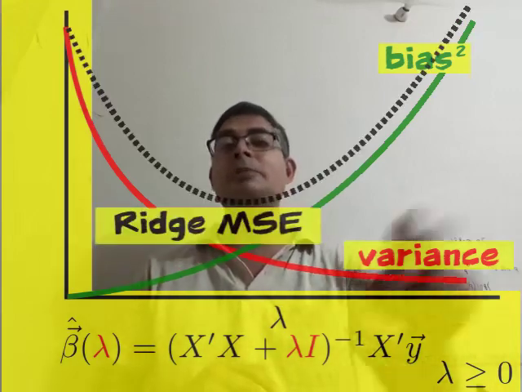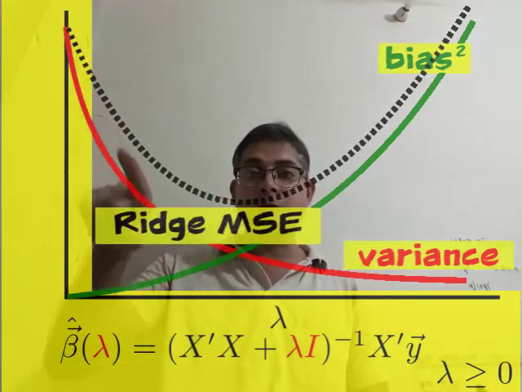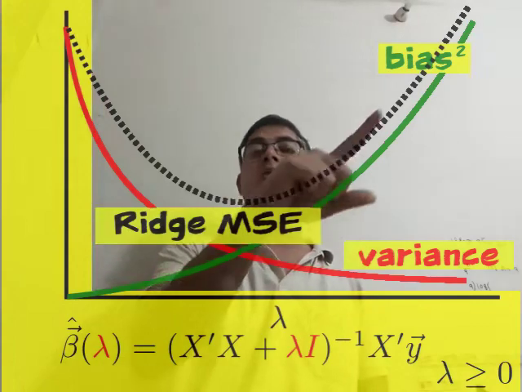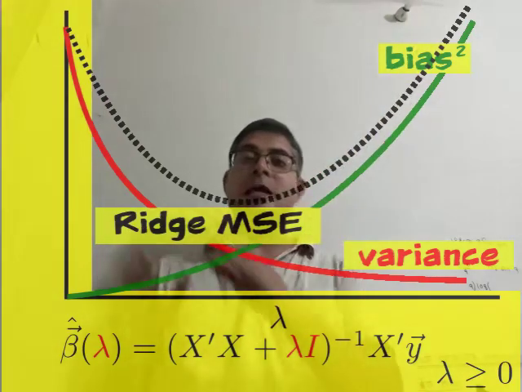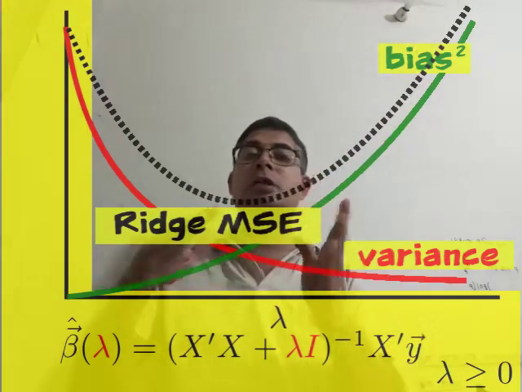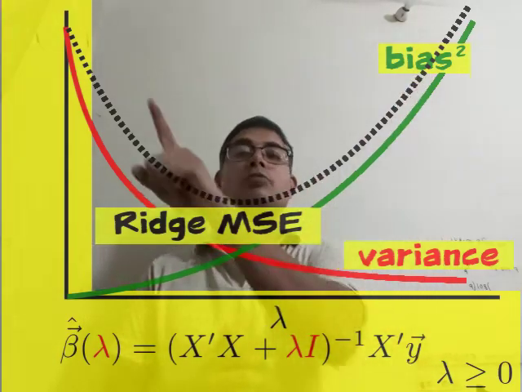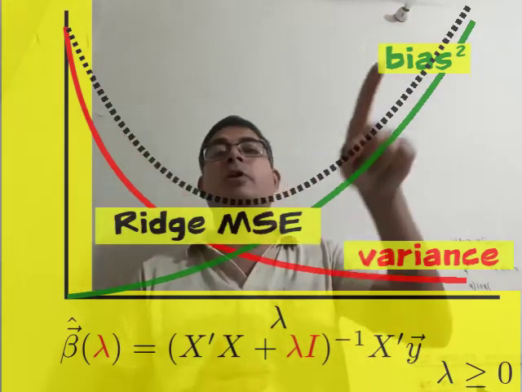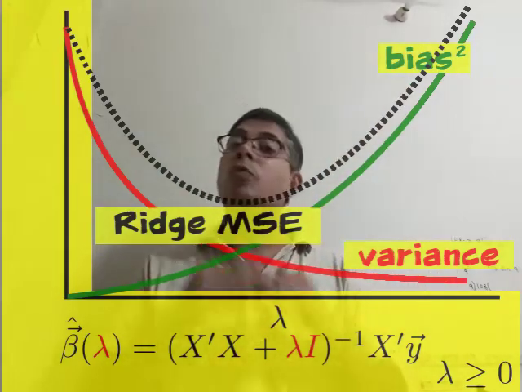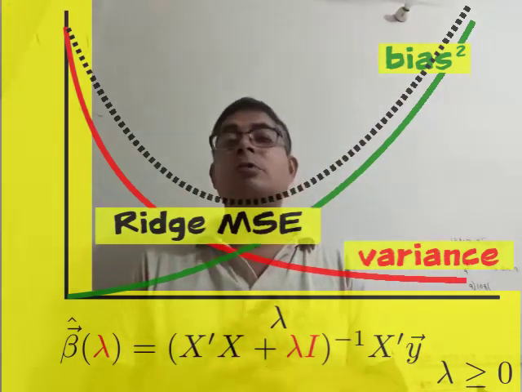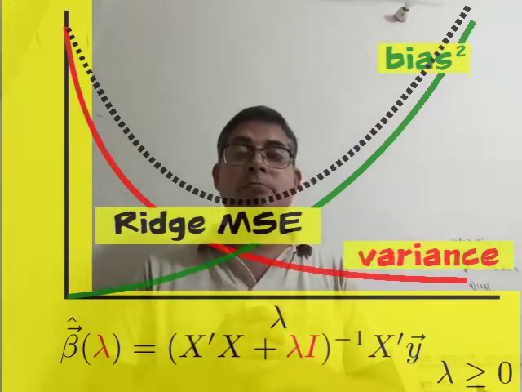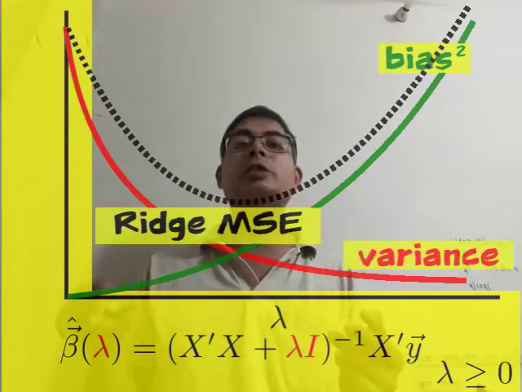MSE will be the sum of these two, so it will come down like this and then go up like this. As variance goes towards 0, the MSE curve will asymptotically approach the bias curve. So this will be the MSE curve for ridge regression. What will be the MSE curve for least square? That is basically when lambda is equal to 0.